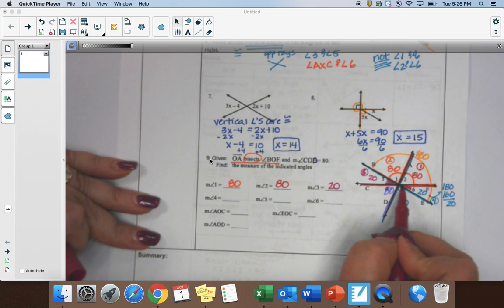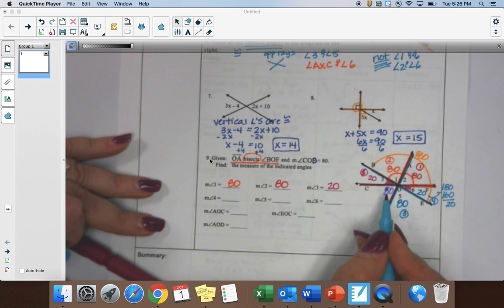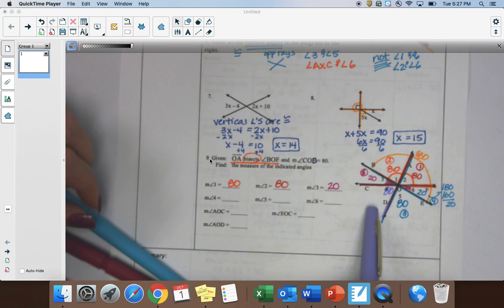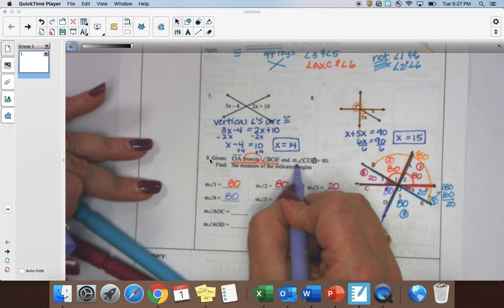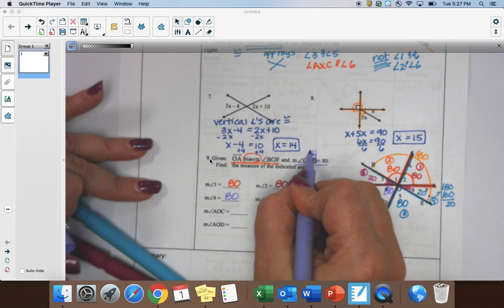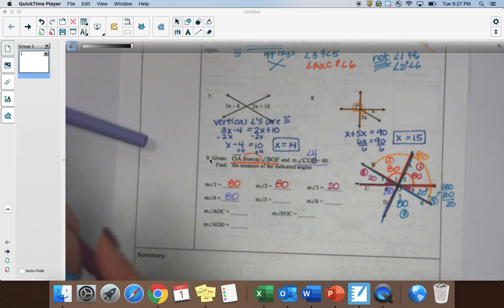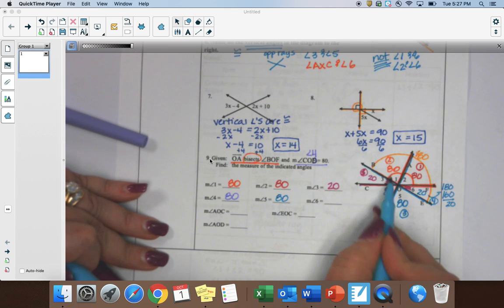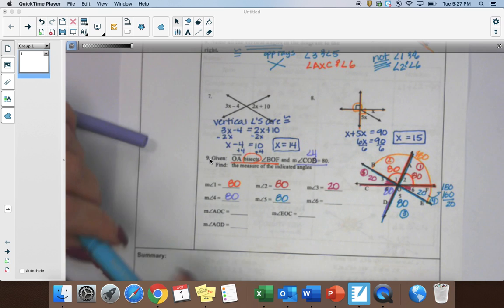If you look at that one too, they form a straight line and they're vertical. Angle 4 was 80. COD, which is angle 4, was 80 because that was given. This right here, that's angle 4. Angle 5 is 80 because it's vertical from angle 1. Angle 6 is 20.